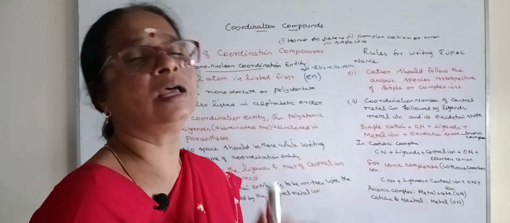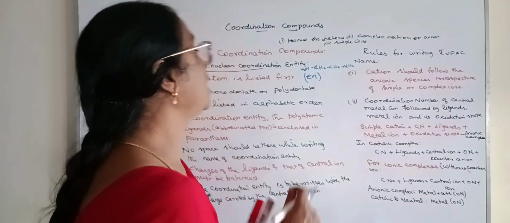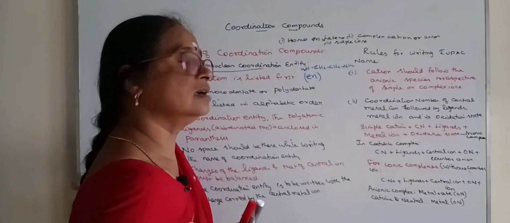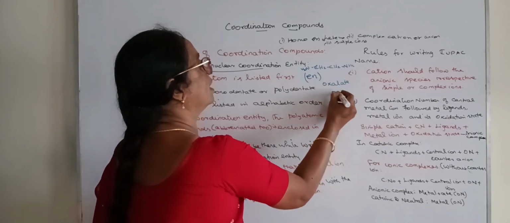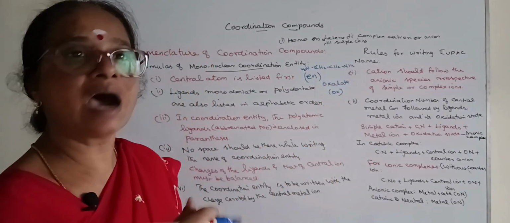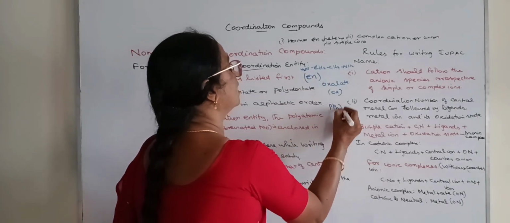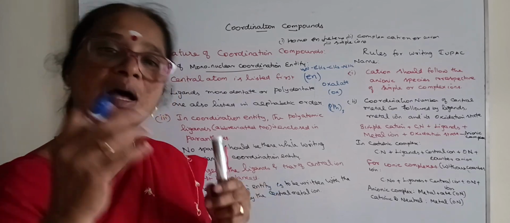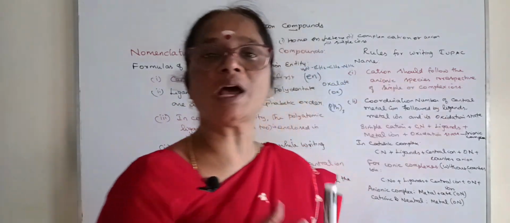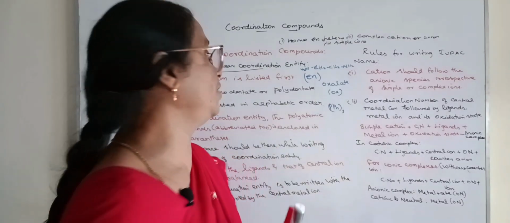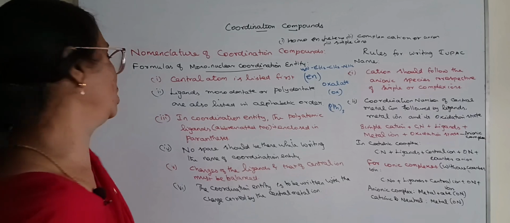So such ligands with lengthy formulas can be abbreviated, like en. Similarly, oxalate can be given as ox, or triphenylphosphine can be abbreviated. So for ligands whose formula is difficult to write in the entity, we can follow abbreviated forms of their formula.